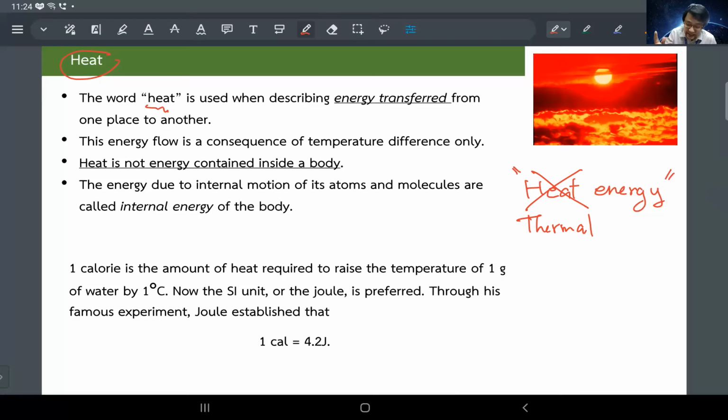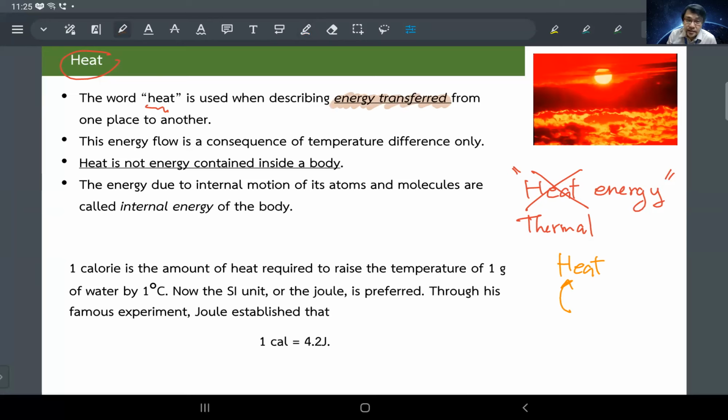But heat is a standalone word, and it has the energy built into it already. So the word heat already means energy, but it's not just an energy in an object. It's an energy transfer. That is the key, guys. The take-home message today is heat is energy transfer.